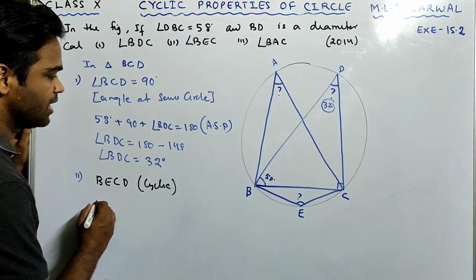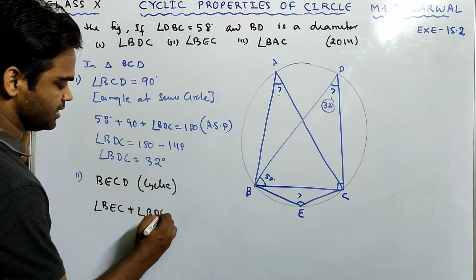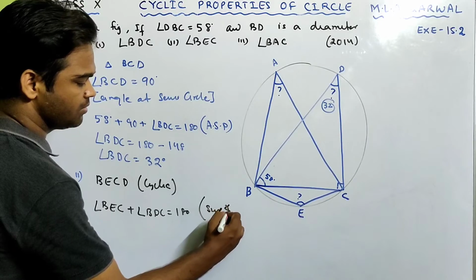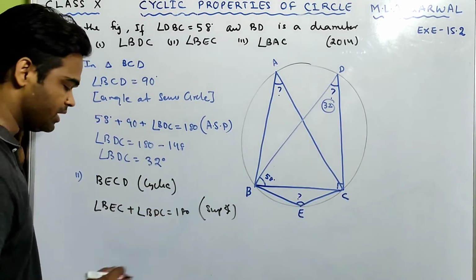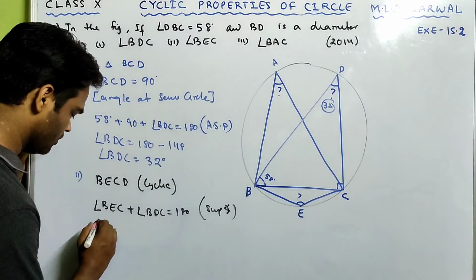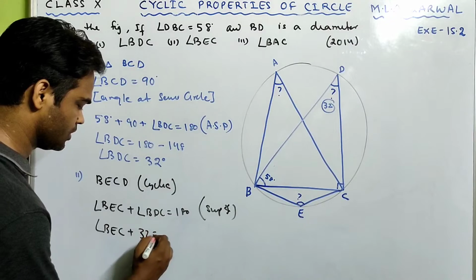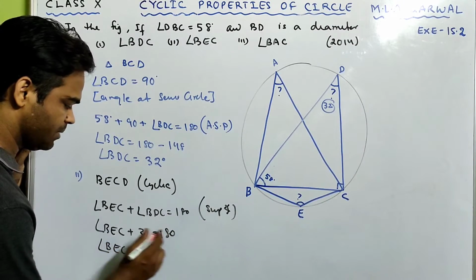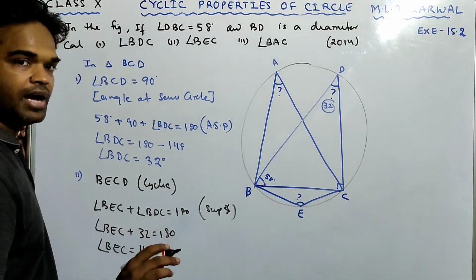So we can write angle BEC plus angle BDC is equal to 180, supplementary angle, because in a cyclic quadrilateral opposite angles add to give 180. So BEC we don't know. BDC we have just got 32, equals 180, which means angle BEC will be 180 minus 32, 148 degree. Done.